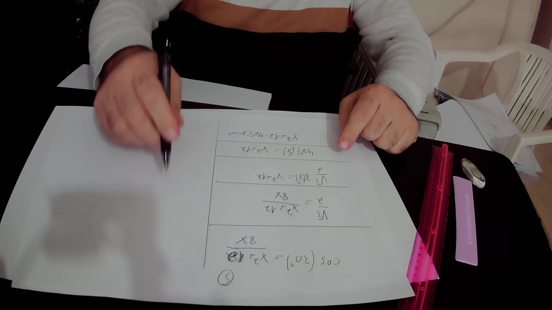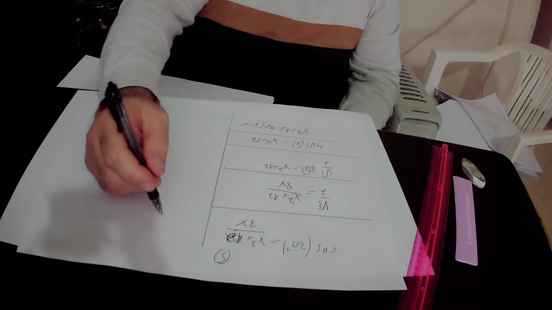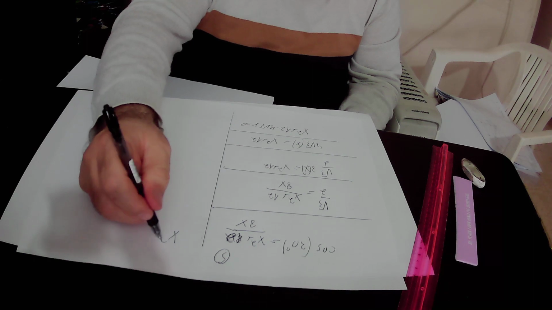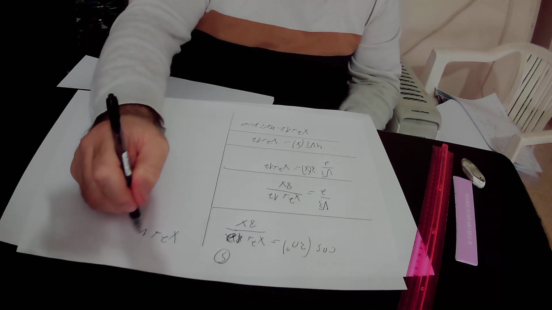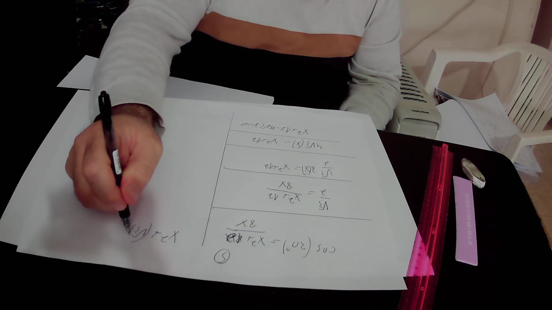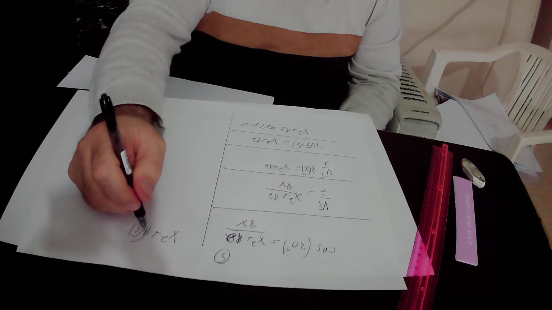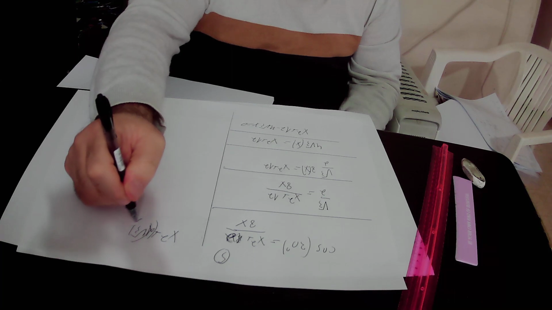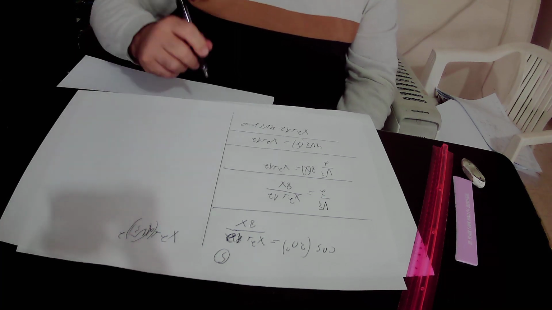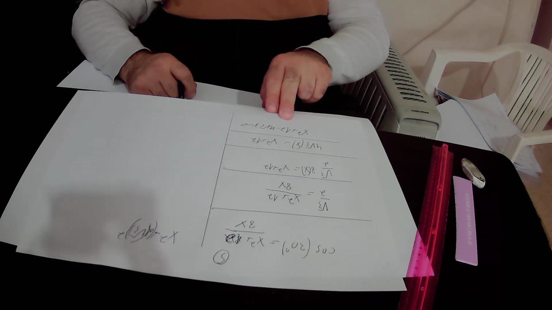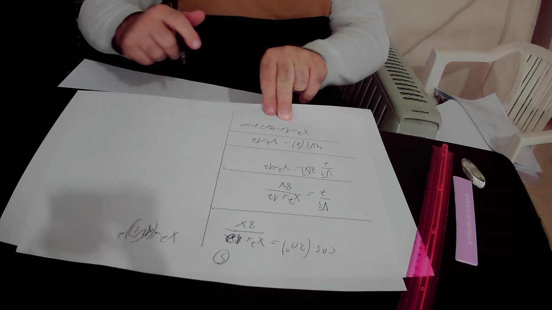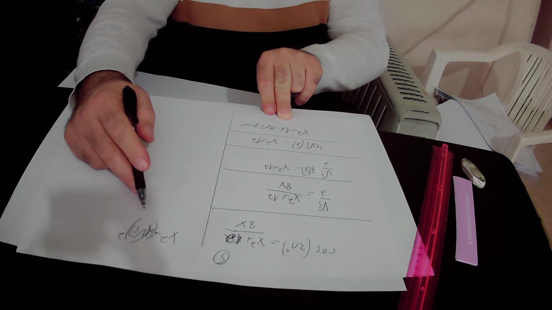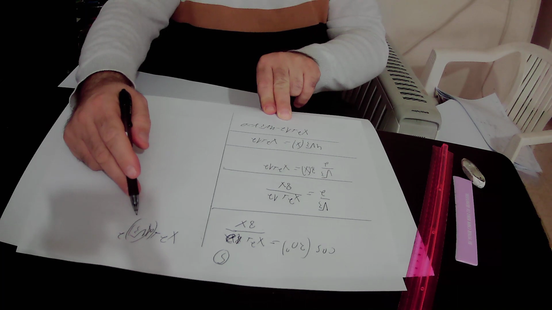Here we will substitute 12 by 2 times square root of 3 squared. You can see that 2 times square root of 3 squared equals 12.